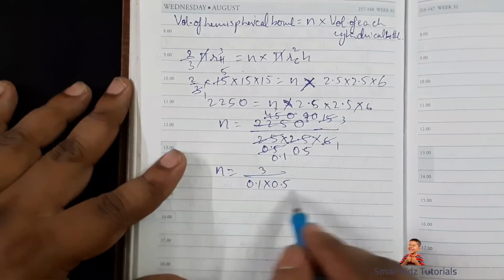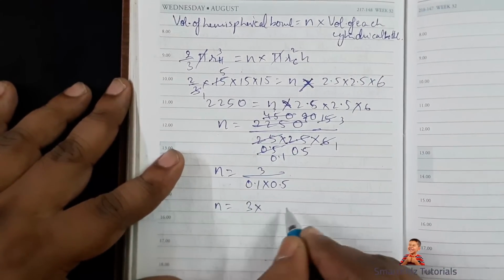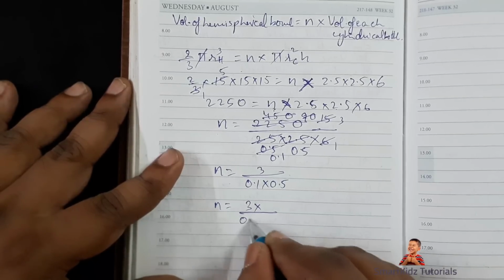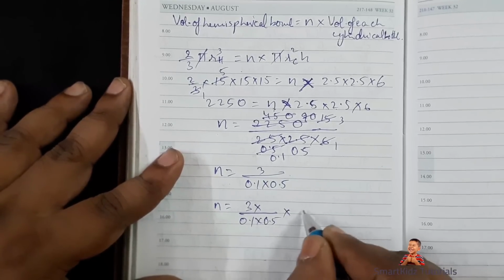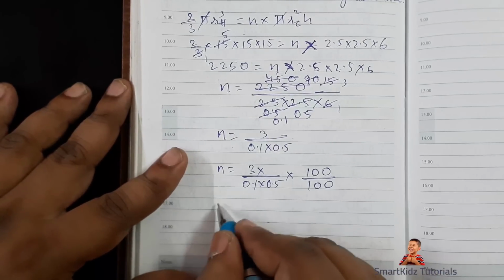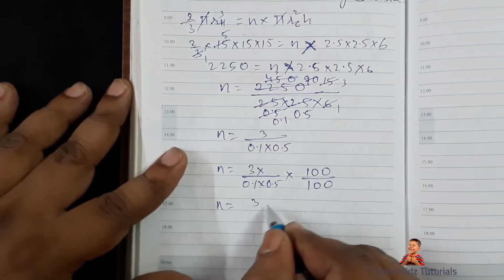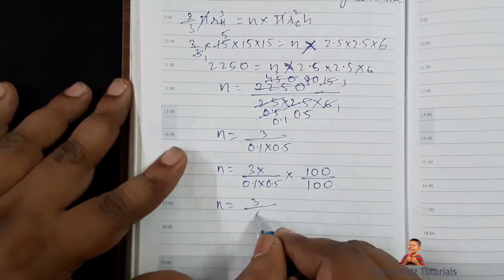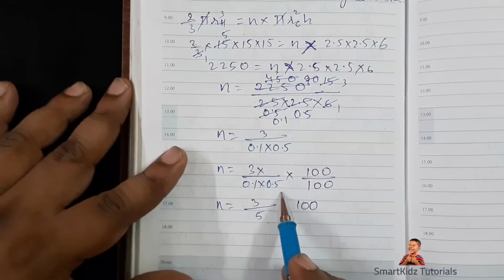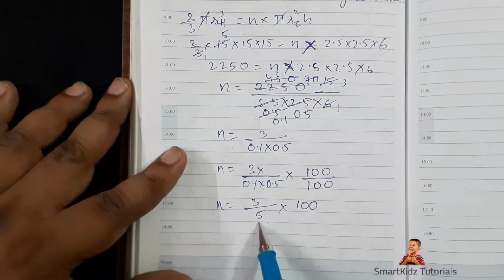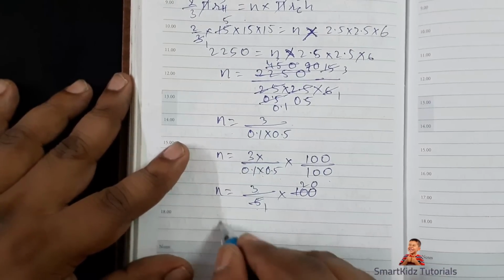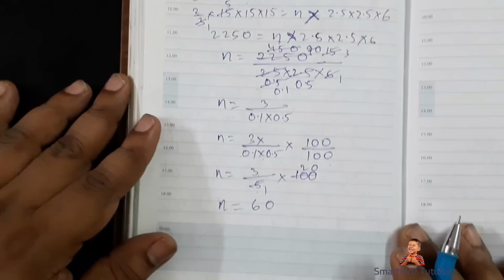To get rid of the decimal points, I'm going to multiply and divide by 100, since there are 2 decimal places. So 0.1 into 0.5 into 100 gives us 5. This gives us N equal to 3 upon 5 into 100. 5 ones are 5, 5 twenties are 100, 3 into 20 is 60. We get N is equal to 60.